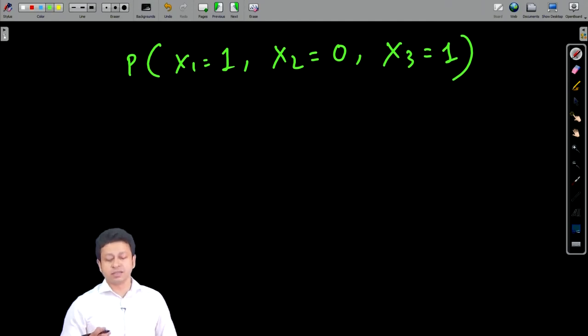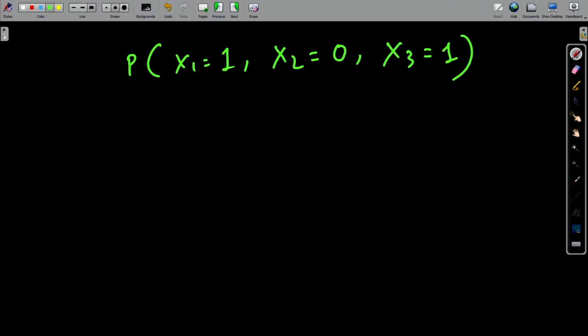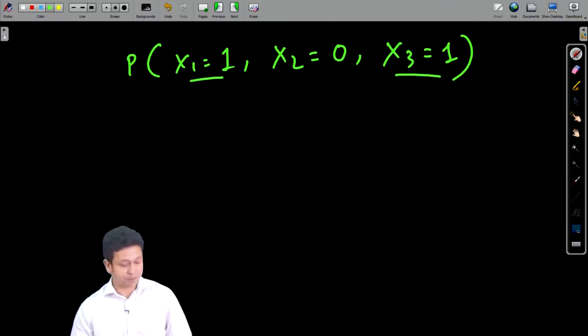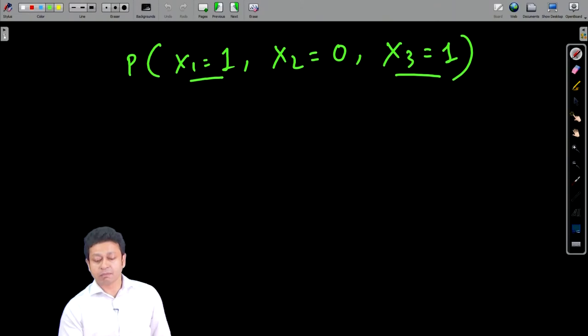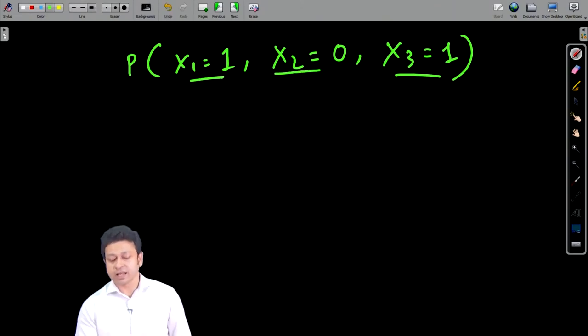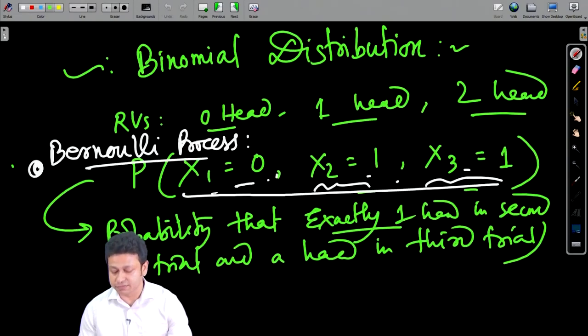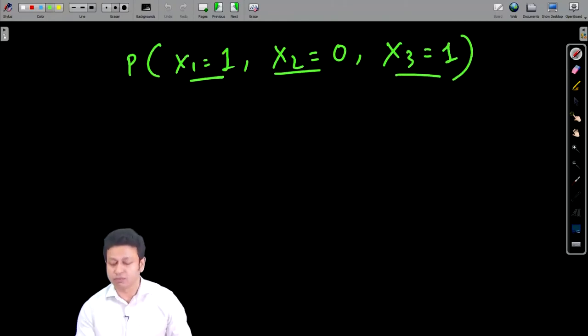So it is a different Bernoulli process, but the outcome is the same if I think in terms of successes. I have 2 successes here, and similarly I had 2 successes before. The outcome remains the same, but the process is different because the sequence is different. I have 0, 1, 1 and here I have 1, 0, 1.